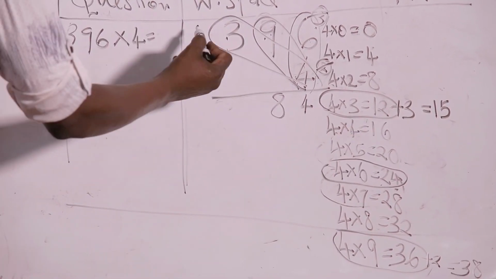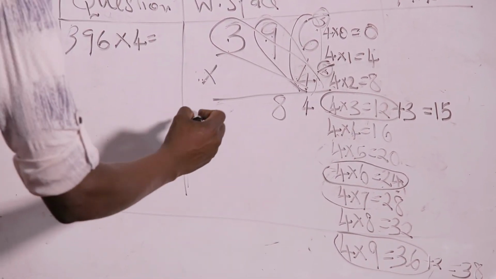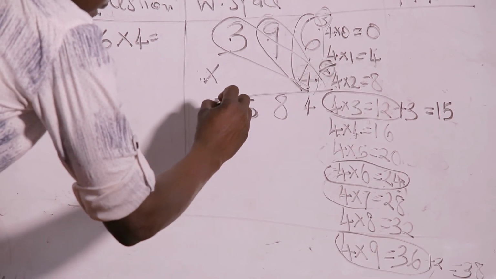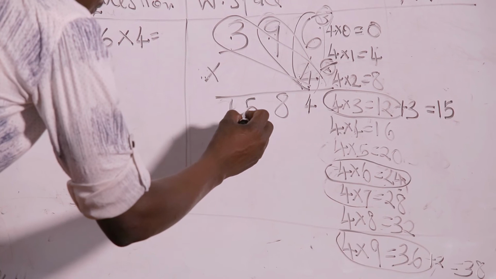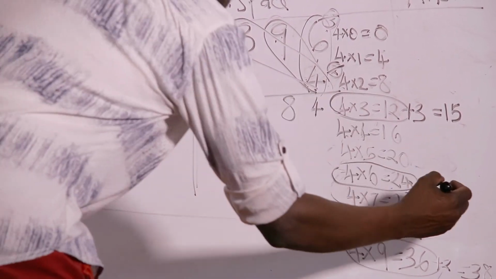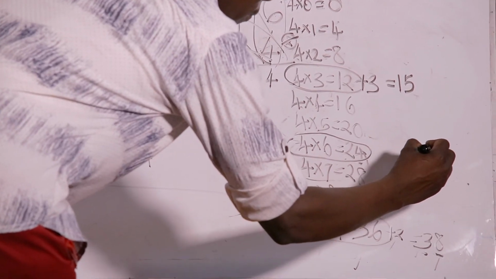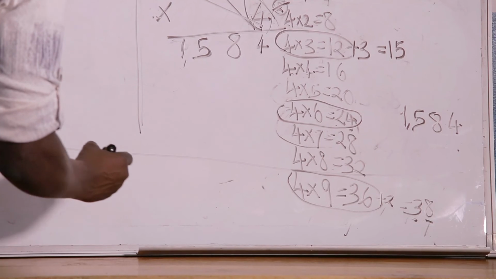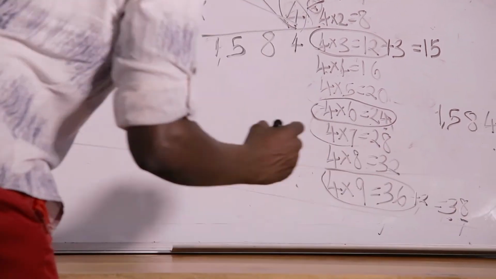So we have no other digit here, therefore we will write 15. Then you count 1, 2, 3, you put your comma. You come to your answer space, you write 1,584 as your answer, and you underline.